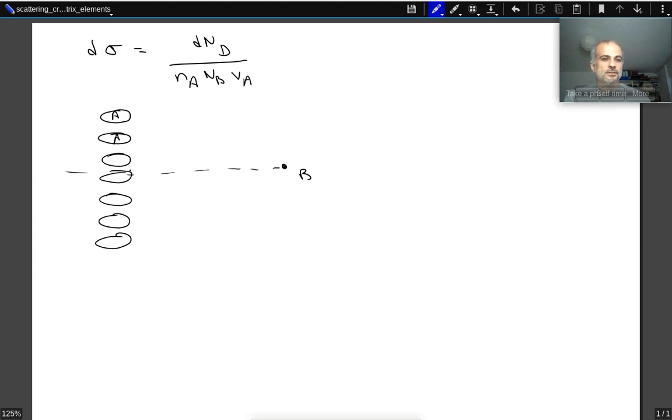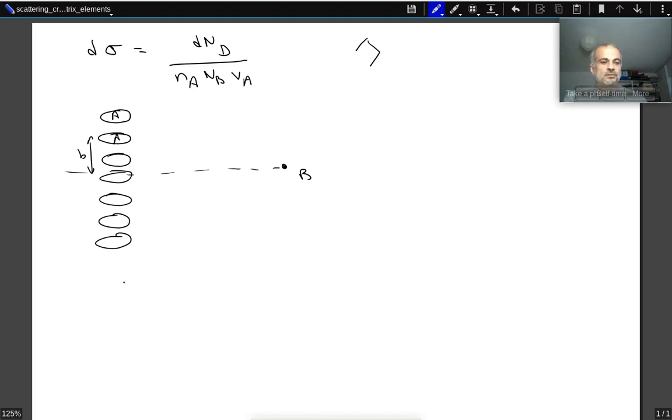Each one of them will have some impact parameter, and they will be scattering off the target, and some of them will go to our detector. What we will be trying to do is calculate the number of particles detected in the detector per second, so that we can derive the cross-section from that expression.